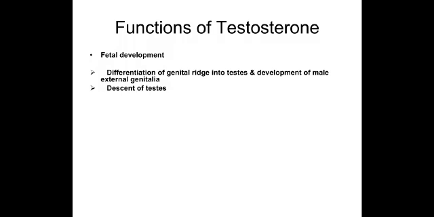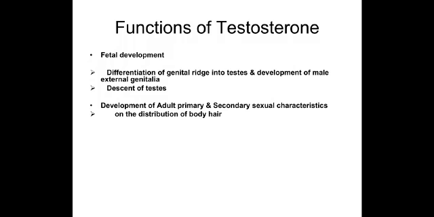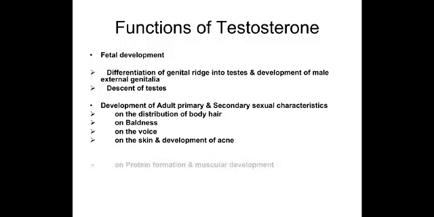As we discussed, it helps in the 9th month descent of testis and development of primary and secondary sexual characteristics, regarding the distribution of body hair, the temporal pattern of baldness, deepening of the voice with increased bass quality. On the skin it causes acne.